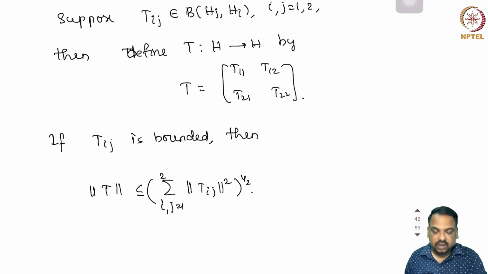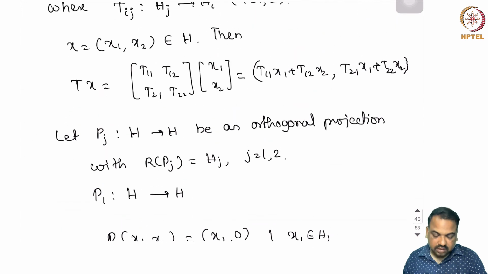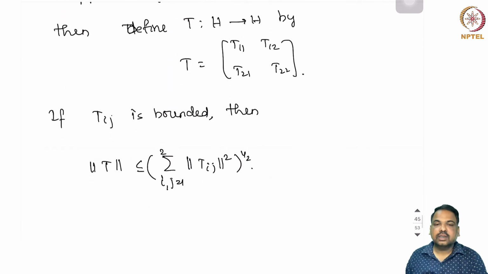That means T is a bounded operator. When T is a bounded operator, the Tij's are given in terms of the projections Pi T Pj, hence they are bounded. So given 4 bounded operators Tij, we can construct a bounded operator T, and given any bounded operator T, we can generate 4 bounded operators Tij in this way.